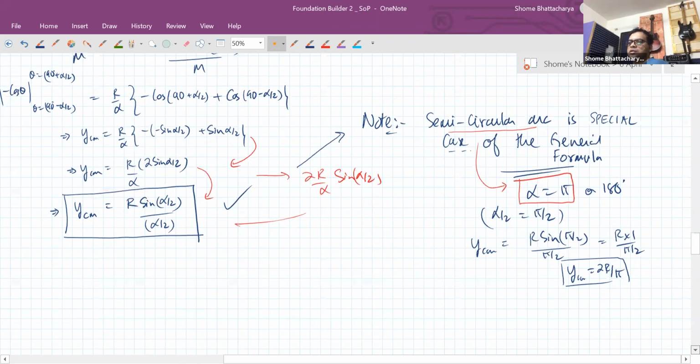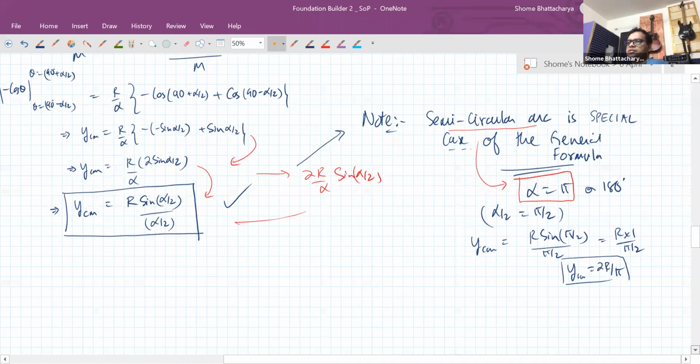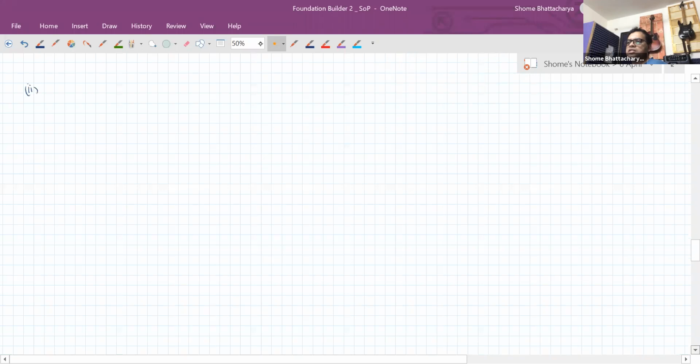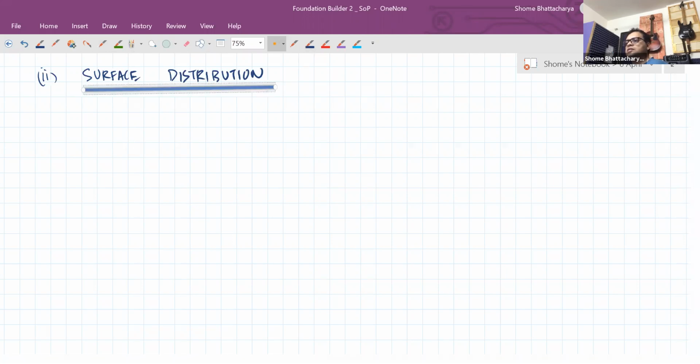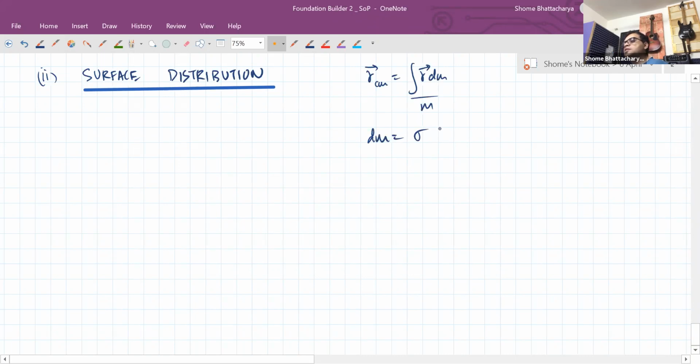Okay, very good. So let's come to our next kind of situation, where we are going to discuss surface distribution of mass. In general, when we are doing this integration, for the individual coordinates, dm has to be sigma dA.